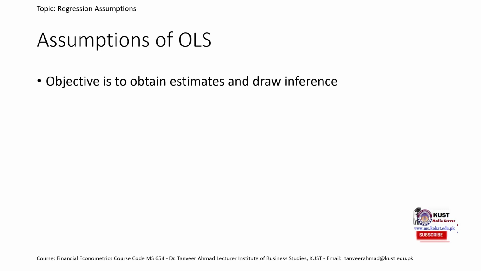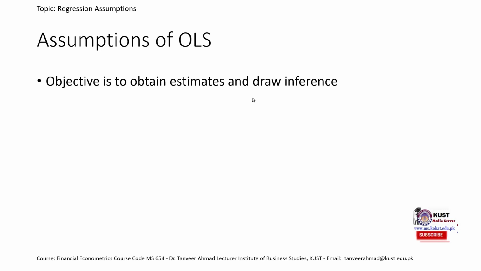Now the objective of regression, we have seen, was not just to obtain the estimates. The objective was to obtain estimates as well as draw an inference based on those estimates. So we used the OLS technique to find the parameters, the betas, and then we need to draw some inference from those betas.